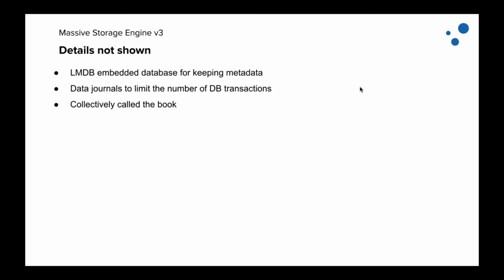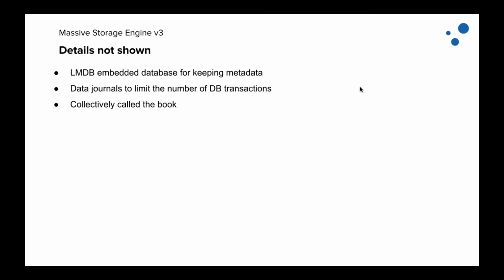There are some data journals that also run on top of that, in order to keep updates to the database down, so that we can journal operations that only change simple flags, things like setting the flag that an object is already deleted, without having to do a full database transaction for all updates.